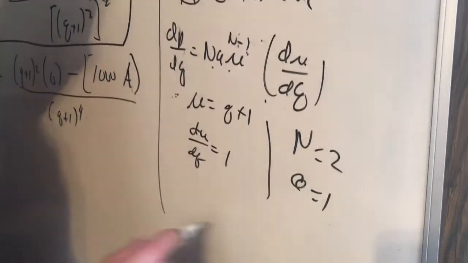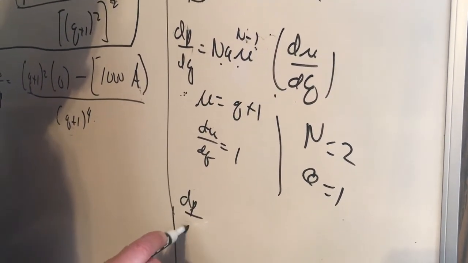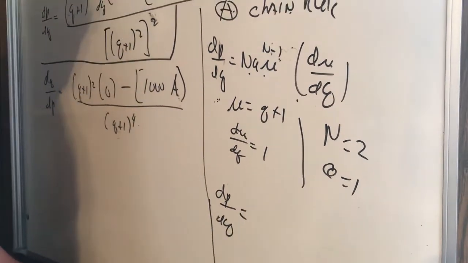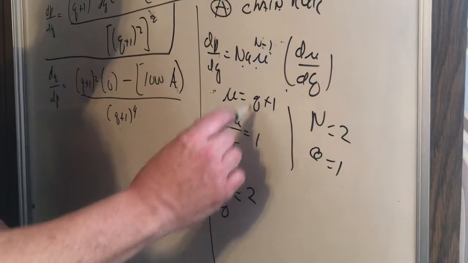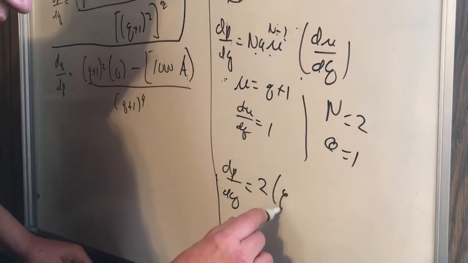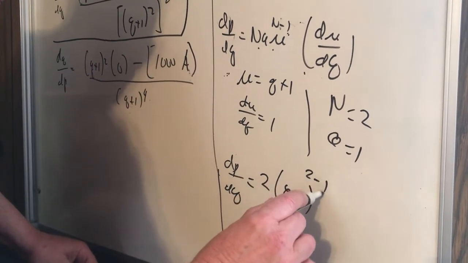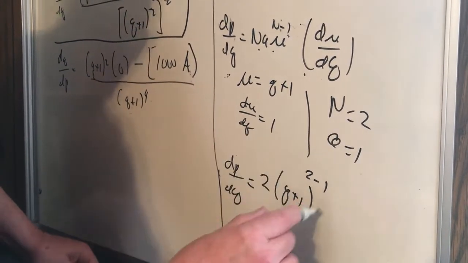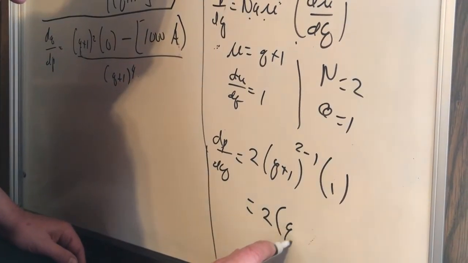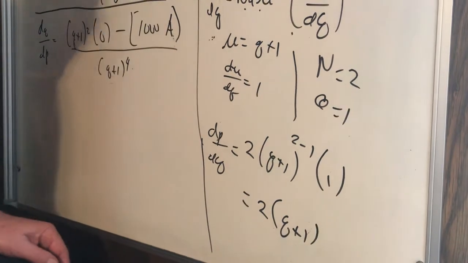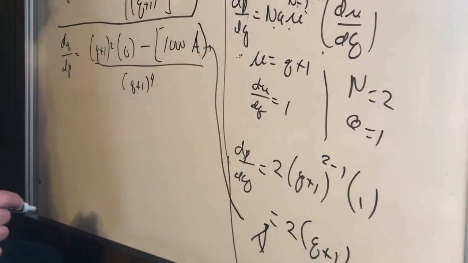So we don't have to worry about that. When we find this derivative, dp dq, we get 2 times (q plus 1) to the 2 minus 1 times the derivative, which is 1. So it's simply 2(q plus 1).